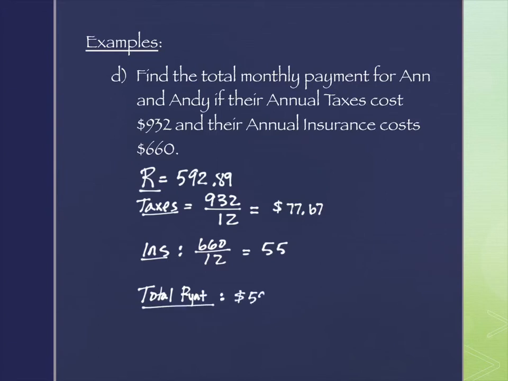I'd add them all up. 592.89 plus the 77.67 plus the 55. And what would their payment really be? $725.56. And it's worth mentioning that the taxes and the insurance, you don't have to do those if you're renting.